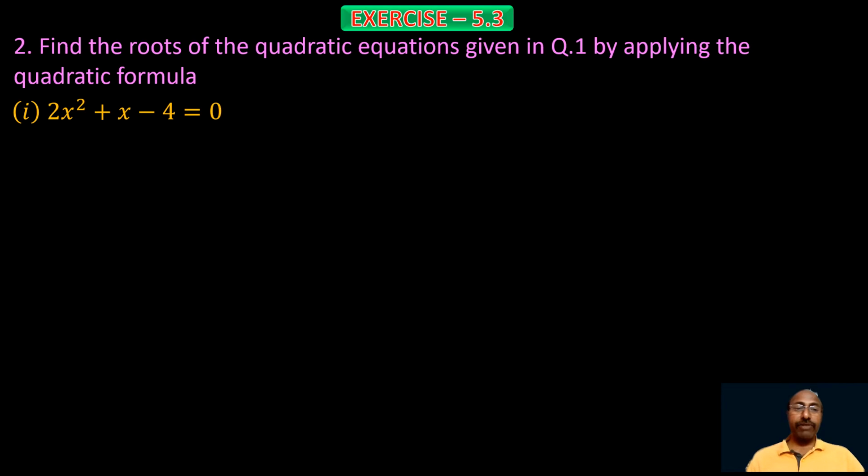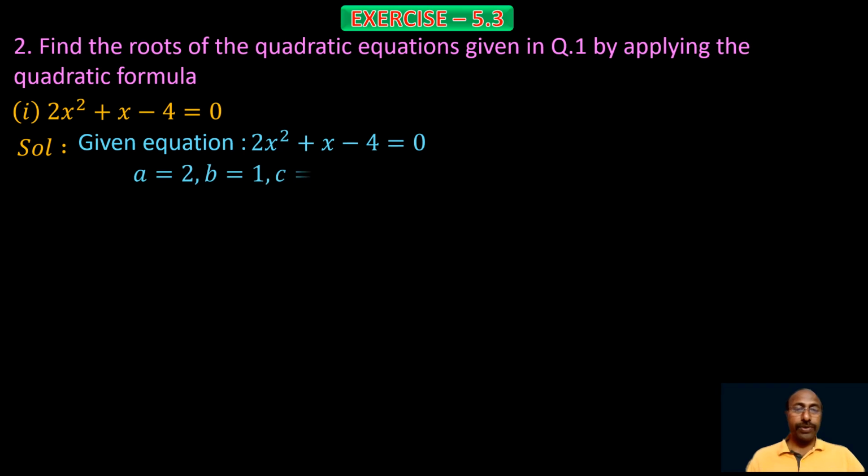And the first one is 2x square plus x minus 4 equal to 0. And what is the quadratic formula? Minus b plus or minus under root b square minus 4ac whole by 2a. Okay, this is a very important formula, so you must remember it every time, any time. Okay, so let's write the given equation. So in this equation, the coefficients are a equal to 2, b equal to 1, c equal to minus 4.